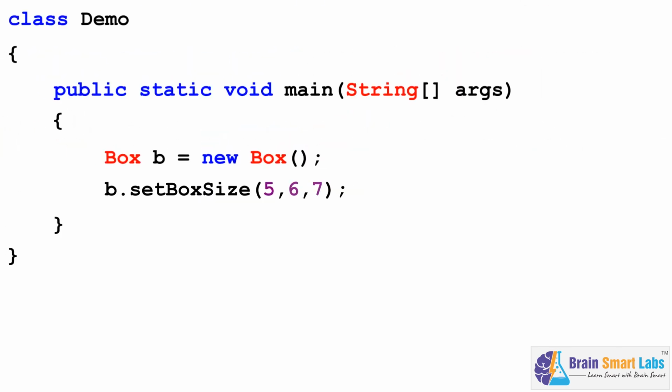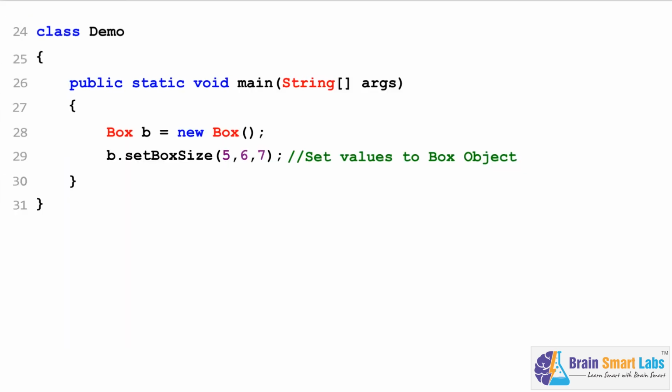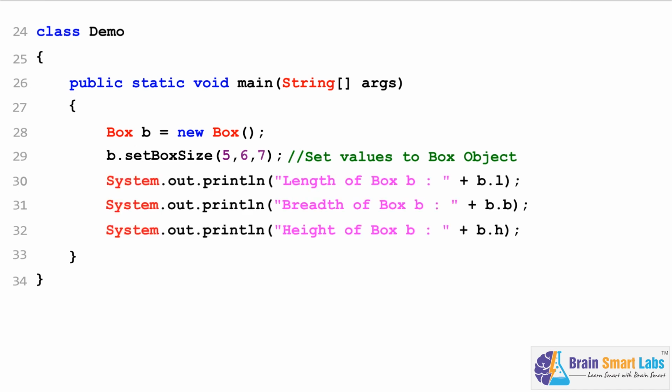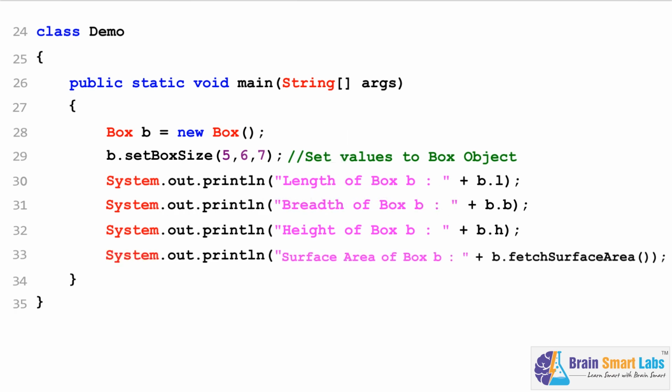The above method invocation will help you to set all the values inside our box object B. Now to verify the dimensions, just print the values of L, B and H using a dot operator with a reference variable B. You can also verify the dimensions by printing the surface area of our box object. Similarly, type b.printVolume to invoke the printVolume method, which will verify whether the values have been set or not.